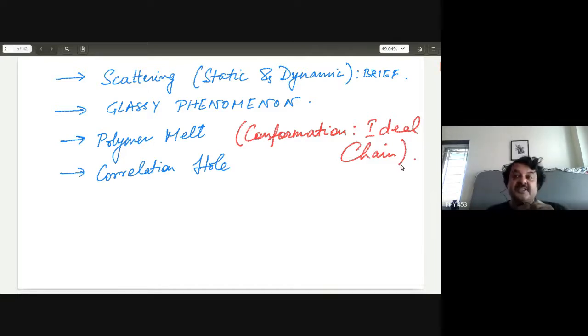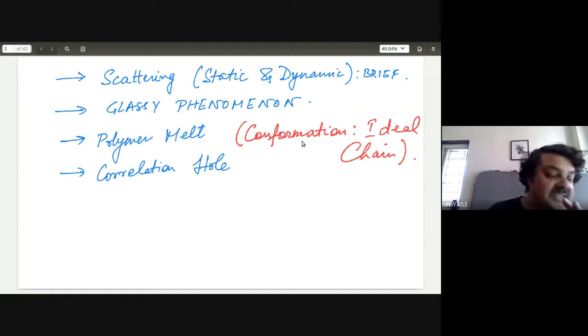It is Gaussian statistics. This is a Gaussian spread. Now that you should find very surprising, because you essentially have a large number of chains interacting with each other, densely packed in a polymer melt, and you get ideal chain statistics in terms of conformation.